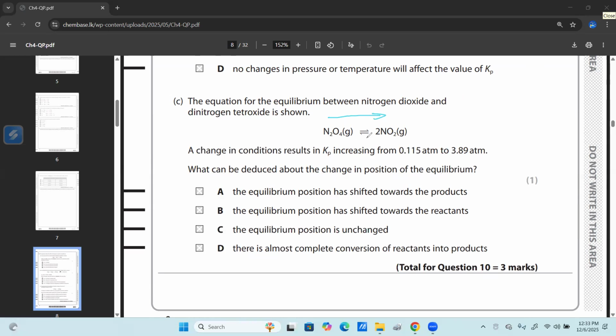For this change, they might have reduced the pressure. In order to increase the pressure, more products are formed. So you can easily say the equilibrium position has shifted towards the product. We can increase the pressure only by forming products, because on this side we have 1 mole, and this side we have 2 moles. So this is the prediction we can make.